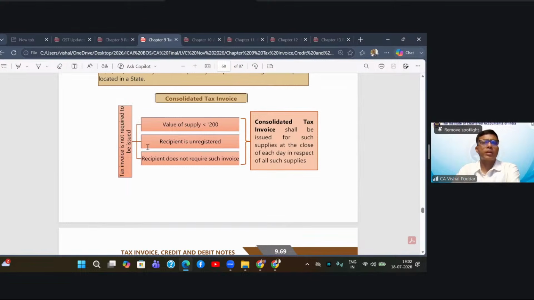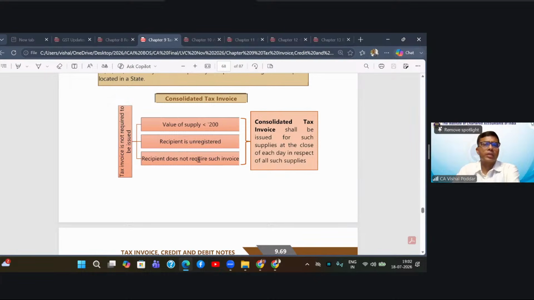Now, what is a consolidated tax invoice? Here again, relaxation is given. Let us say I am a registered person, but a small business, like a small grocery shop or a small salon, and the value of my supply is not exceeding rupees 200 for one supply, and I'm making it to an unregistered recipient, and such recipient is also not asking for an invoice.